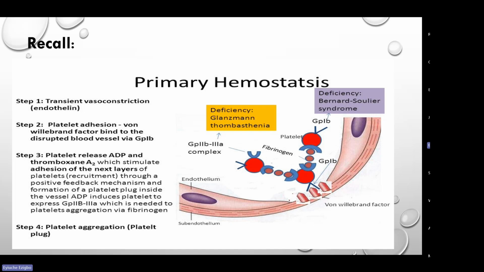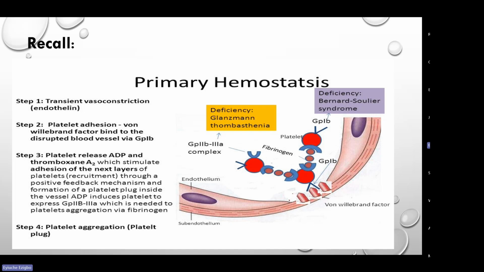Those processes and the receptors that are involved in each of them have to be in your head before you can understand any disorder, because any disorder we are discussing does not happen in the air. It happens at a specific point in the process of primary or secondary hemostasis, and once you pick the specific aspect of the pathway the disorder is reflecting, you don't have problems.